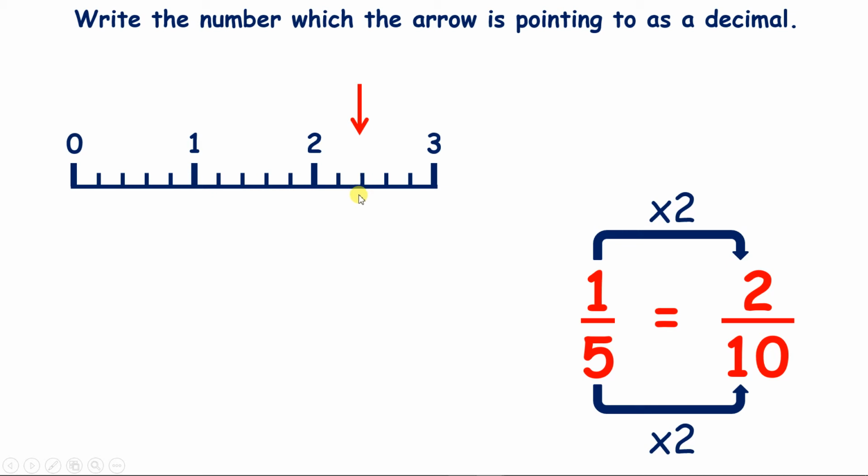Which number do we have here? Well, we have 2 and then 2/5. 2/5 we can change into tenths. 2/5 is the same as 4/10. So we have 2 and 4/10, so we have 2.4.